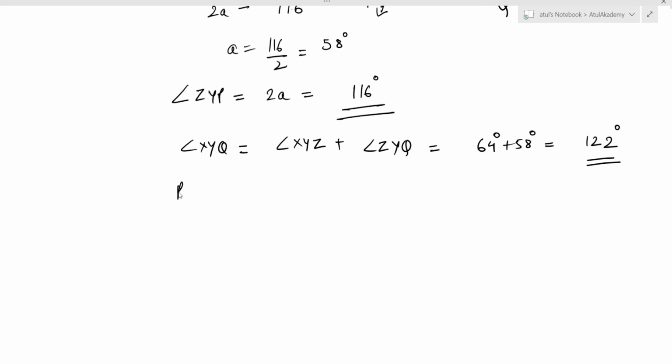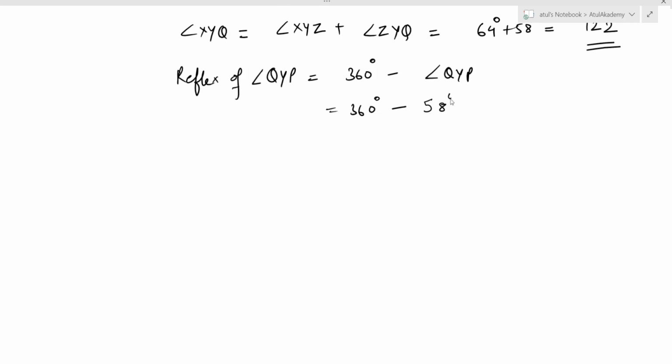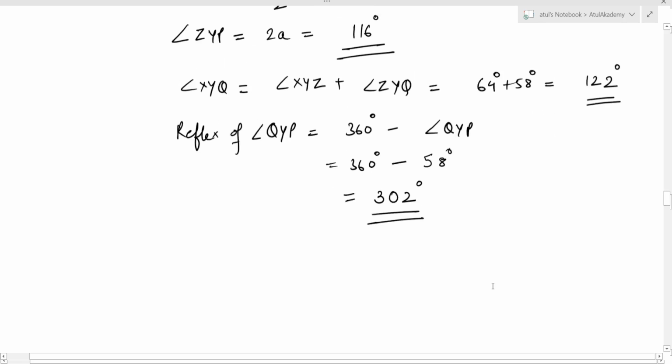What's the reflex of that? 360 minus angle QYP. QYP is 58 degrees. Let's subtract: 10 minus 8 is 2, 5 minus 5 is 0, and that's 302 degrees. That's the reflex.